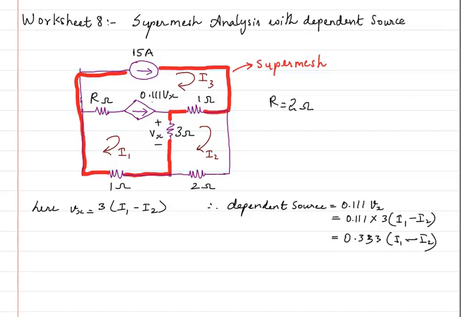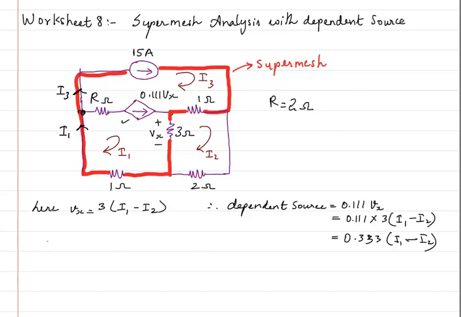If I consider a node here, then there is incoming current, outgoing current, and another current. Let me draw the direction of current like this. Or much easier, consider the node here, where the current will be I1 in this direction, and this one will be I3, and I3 we already know.